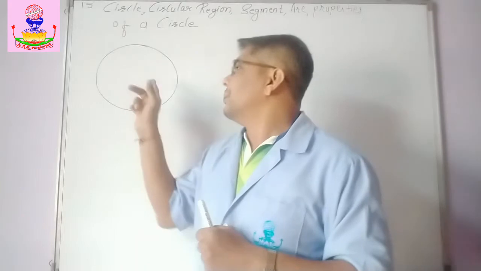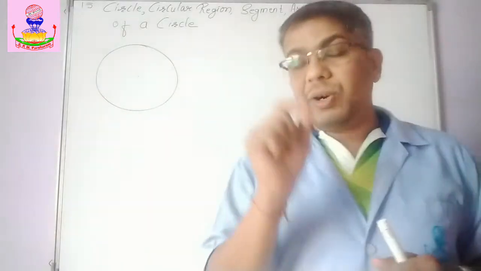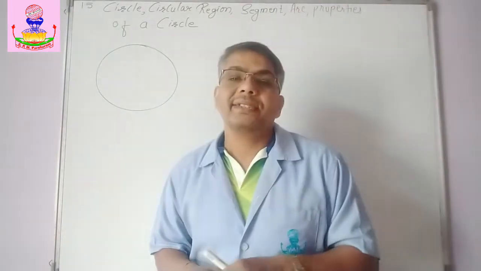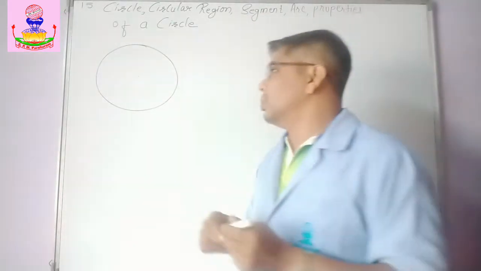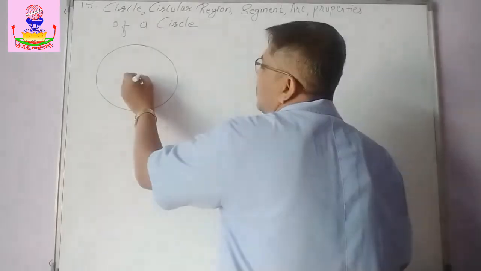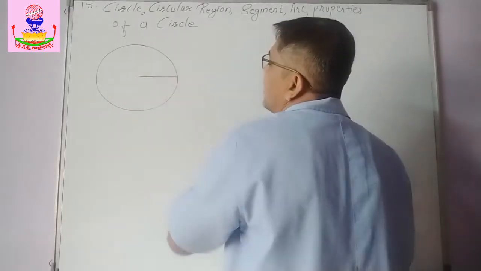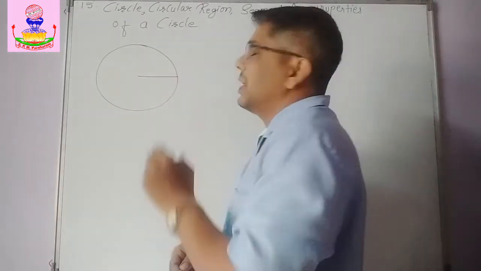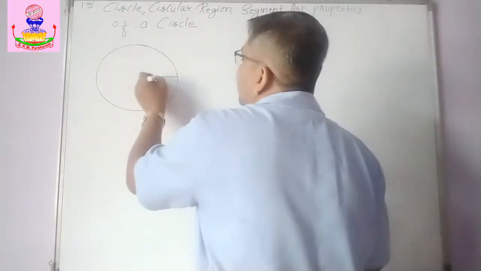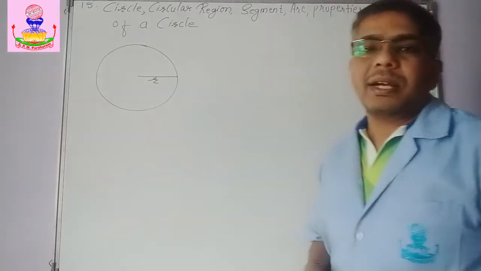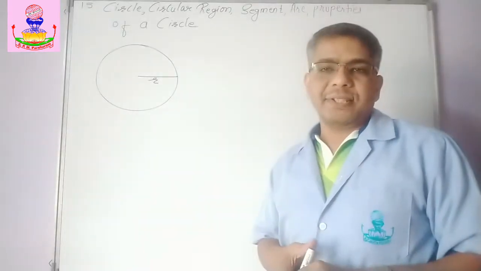Now this fixed point is called the center of the circle. If I join the center of the circle to any point on the circle, we get a segment. This segment is called the radius and we denote it by small r.